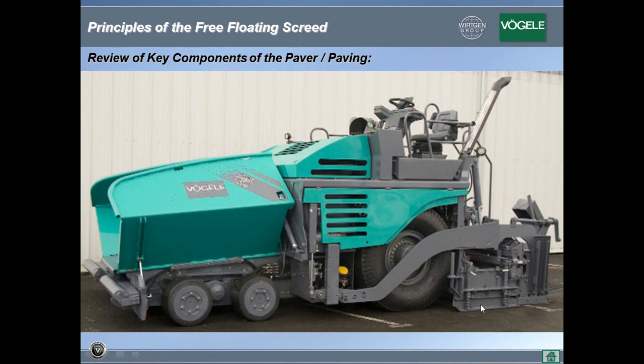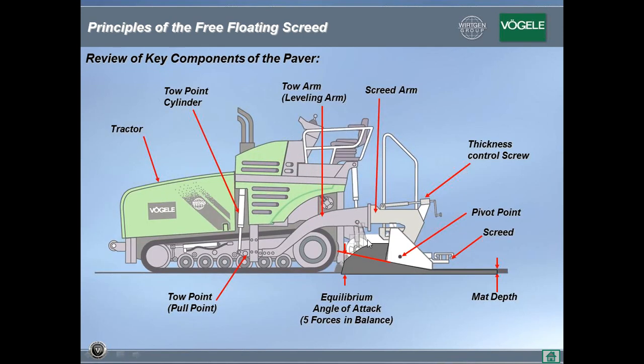Now, to give you a better visual, let's look at a line diagram of the tractor and the screed, and get familiar with some of the key components of the asphalt paver. We have the tractor in green, and the screed in white. We have the screed arm that connects the screed at the pivot point.